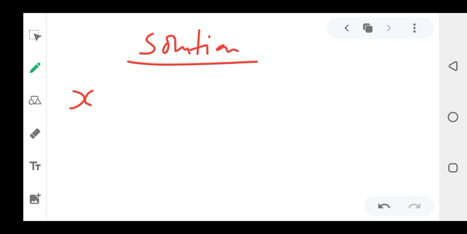So x and 3x minus 2, if these are complementary angles, meaning x plus 3x minus 2, the sum total should give me equals to what? 90 degrees.